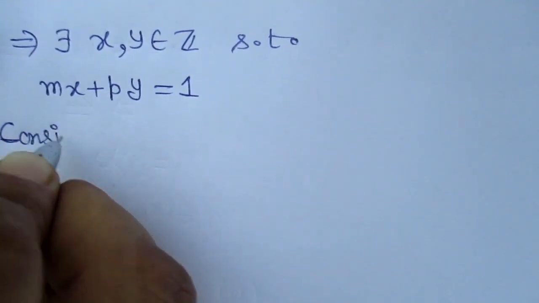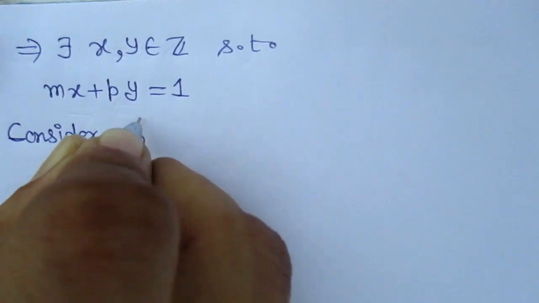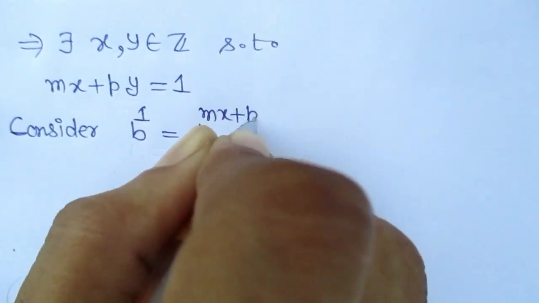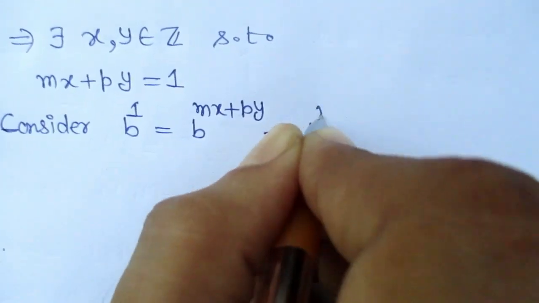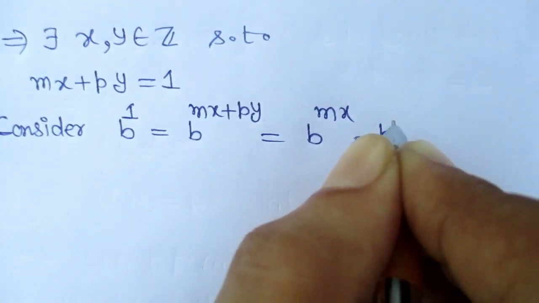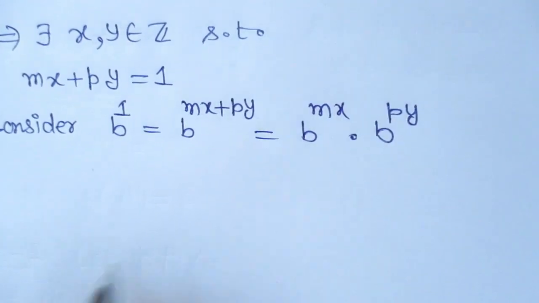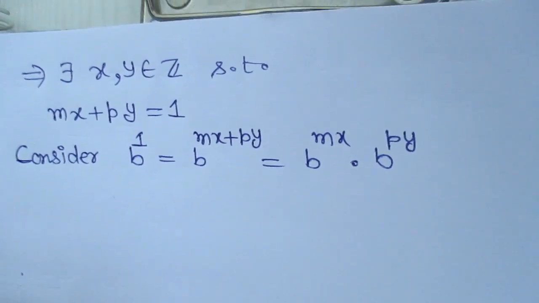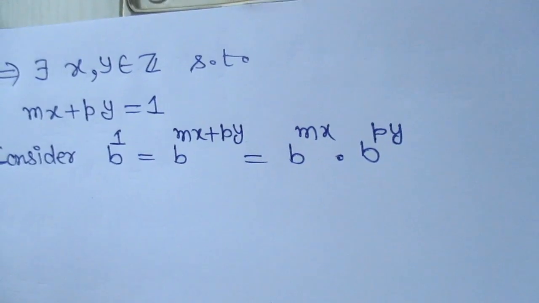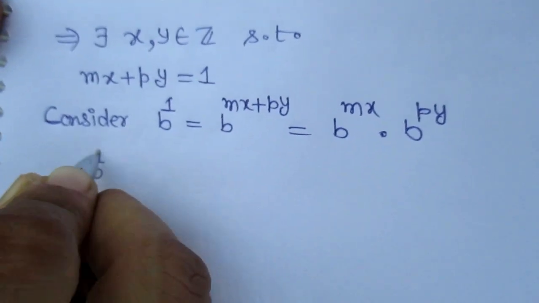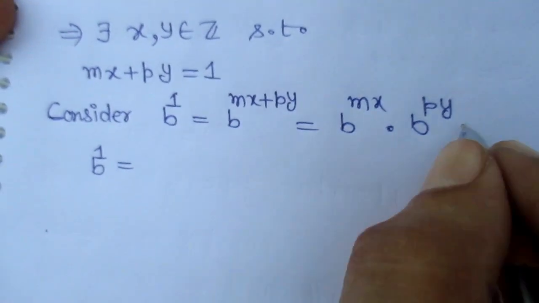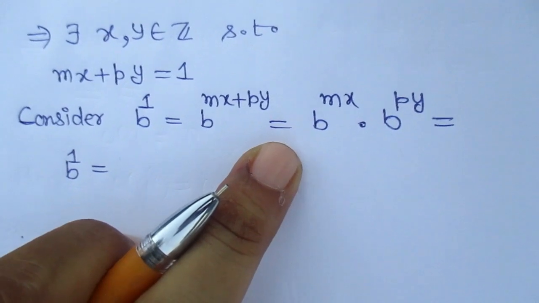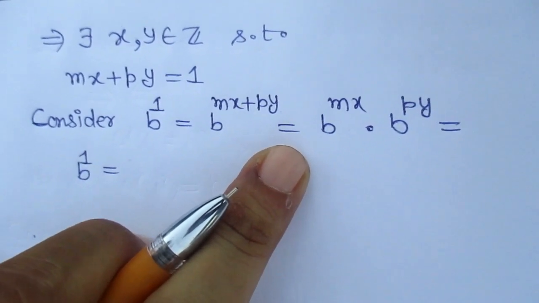Consider b raised to power 1 is equal to b raised to power mx plus py, which is equal to b raised to power mx into b raised to power py. It means b raised to power 1 is equal to, क्योंकि b raised to power m आइडेंटिटी के इक्वल है, तो ये हमारा b raised to power py के इक्वल आ जाएगा.